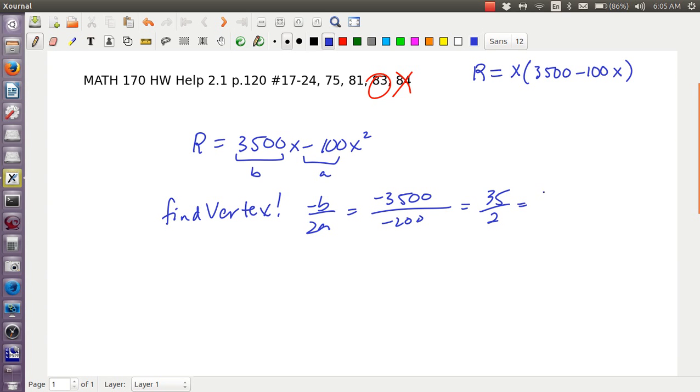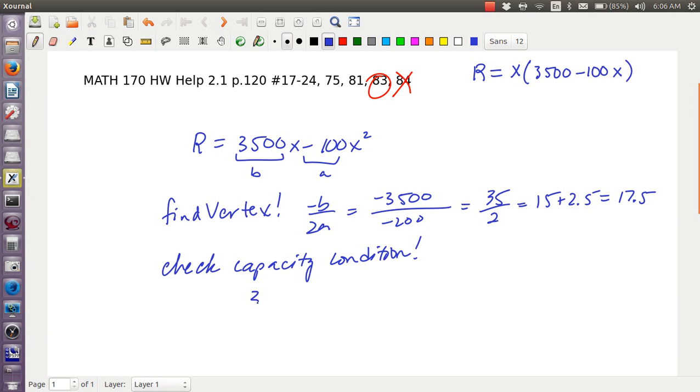Well, if it were 30, it'd be 15. And 5 gives you 2.5 more, so it's like 17.5. Does this still work? Check capacity condition. Okay, so 3,500 minus 100 x, but x is going to be 17.5.